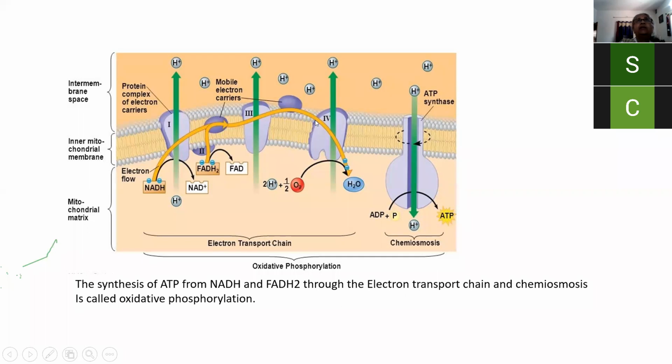So this part is the electron transport chain. This is our chemiosmosis. So together, the electron transport chain and chemiosmosis have generated ATP from NADH and FADH2, and this is called oxidative phosphorylation.